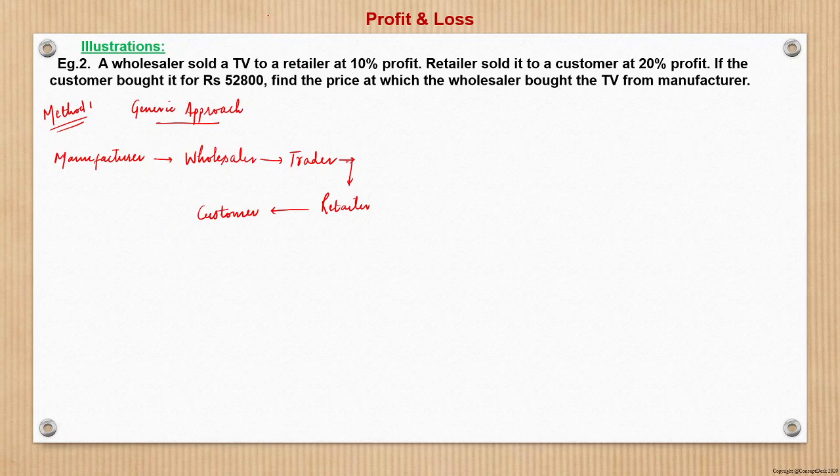Now see here, it says that a wholesaler sold a TV directly to a retailer. So in our case, there is a wholesaler who is selling to a retailer, and the wholesaler has bought it from the manufacturer, right?